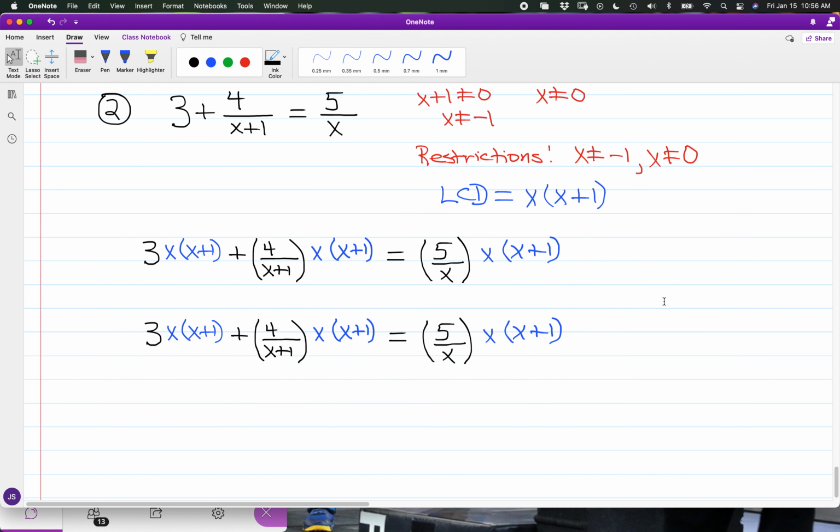Just looking at what we have in the process, now we have 4 over x plus 1. Now the x plus 1s will go out. For the last ratio, the x will go out. Looking at what we have left standing, you have 3x times the quantity of x plus 1, so you have 3x squared plus 3x. For the next set of terms, the x plus 1 cancels, but we have 4 times x.